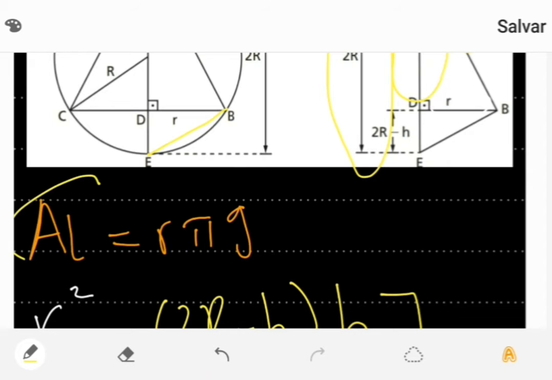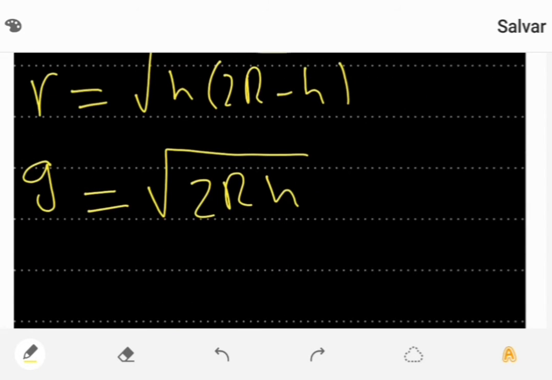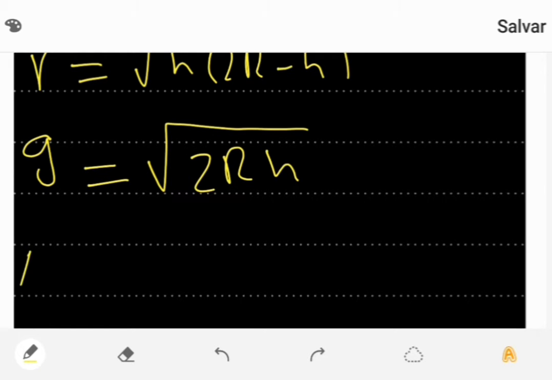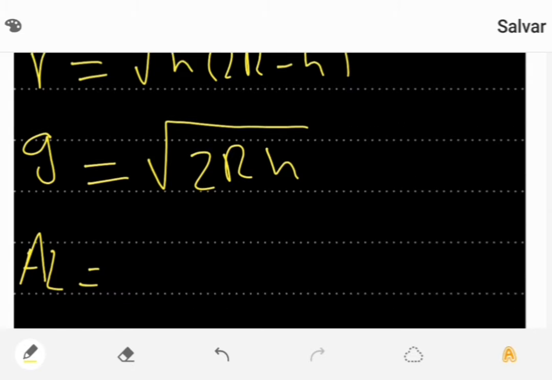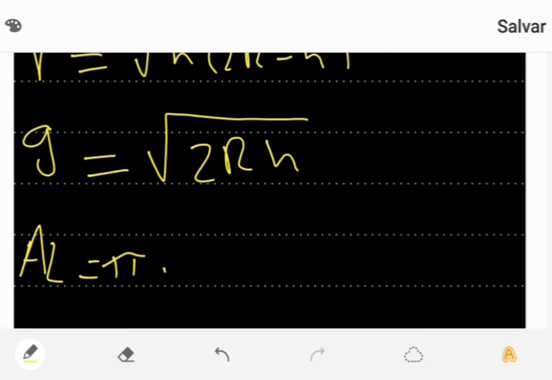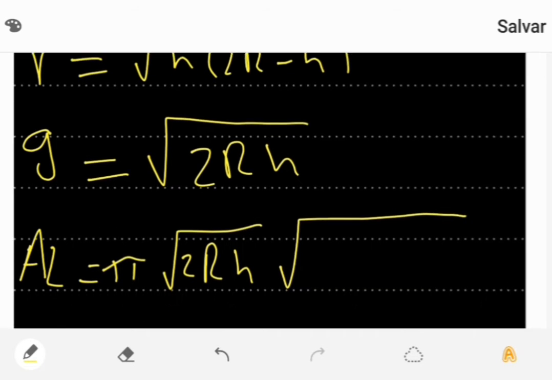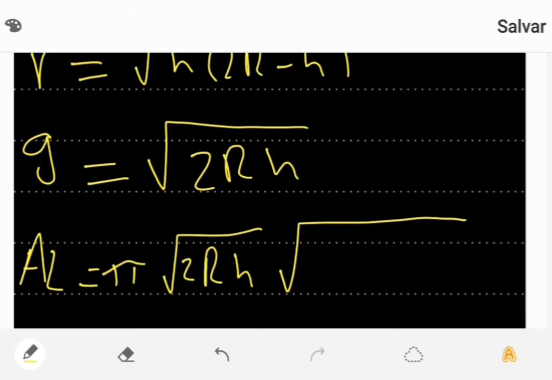So now in our formula, which is r multiplied by G, our area is equal to pi multiplied by G multiplied by small r, right? So the square root of 2RH multiplied by the square root of H multiplied by (2R minus H).